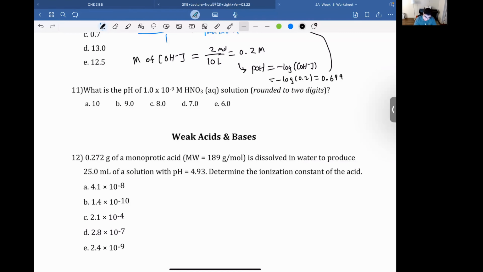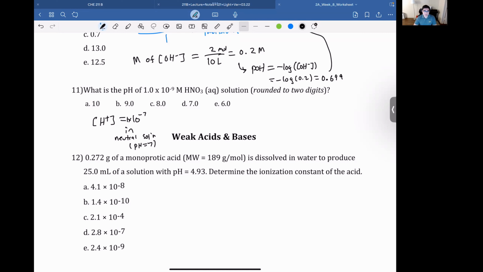Now, just so you know, the concentration of H plus is 10 to the negative 7th, or 1 times 10 to the negative 7th, in a neutral solution. So that's a pH of 7.